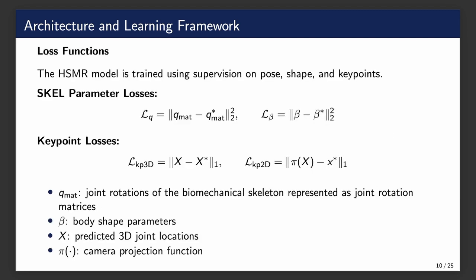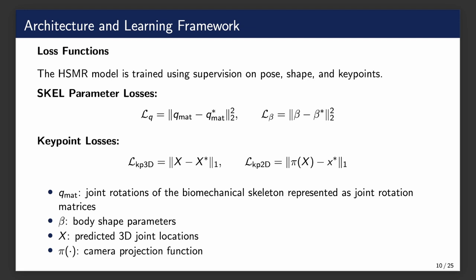And in the HSMR model, 4 losses are applied. These are the loss on the SKEL parameters, the Euclidean distance between the matrix representations and the ground truth, the Euclidean distance between the shape parameters and the ground truth, and the keypoint losses that instead penalize the joints that are inferred.